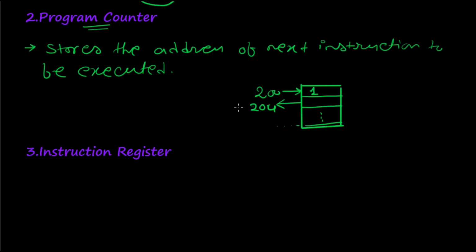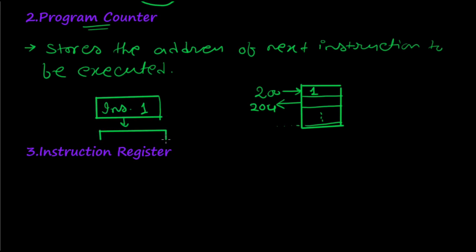needs to be executed. Suppose you are currently executing instruction 1. So currently inside the CPU you are in the execution stage and you are executing instruction 1. After that, instruction 2 must be executed.